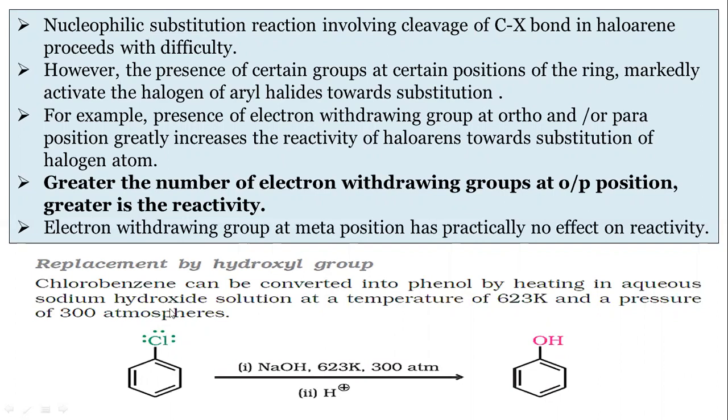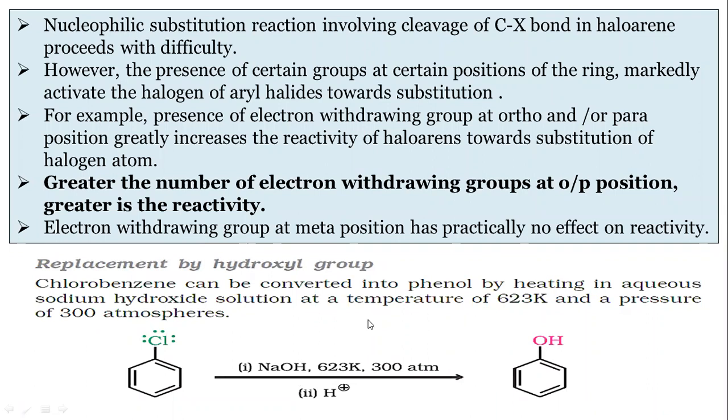Chlorobenzene to phenol. This is a very good reaction. NaOH in presence of 623 K and 300 atmospheric pressure, we get this phenol, means this chlorine is substituted. This is an example of nucleophilic substitution reaction. And which is the nucleophile in this reaction? Nucleophile is OH minus. It is substituted.